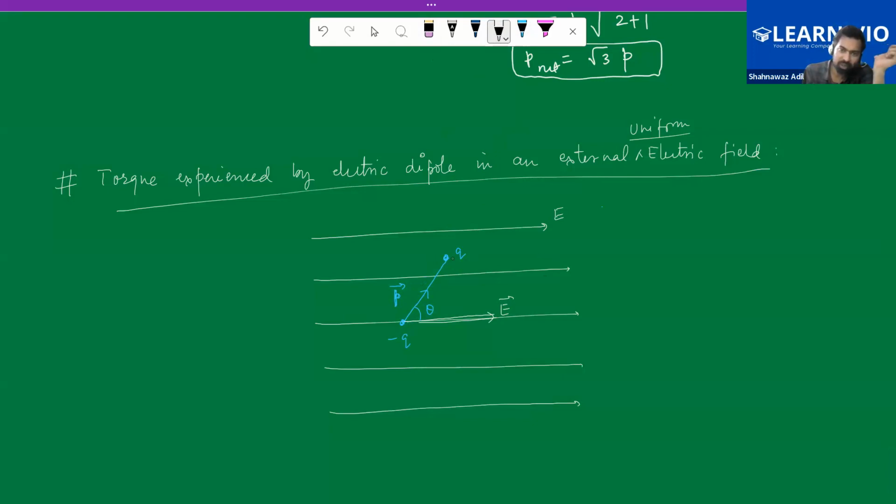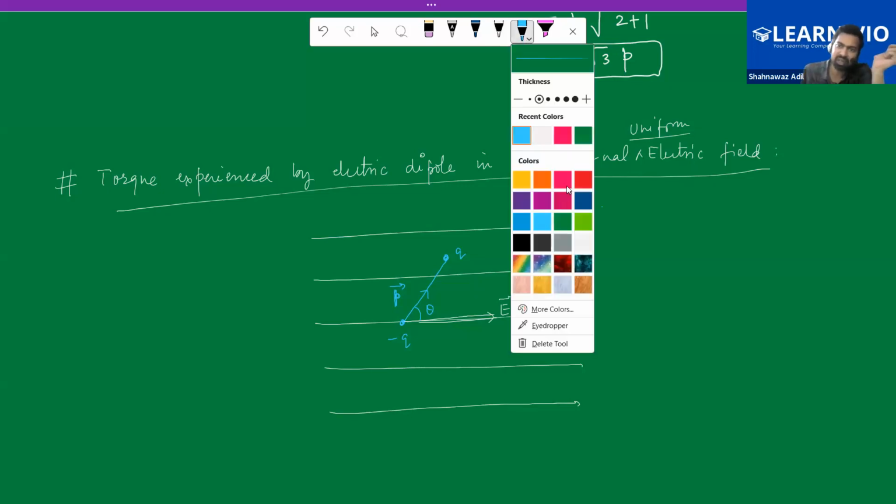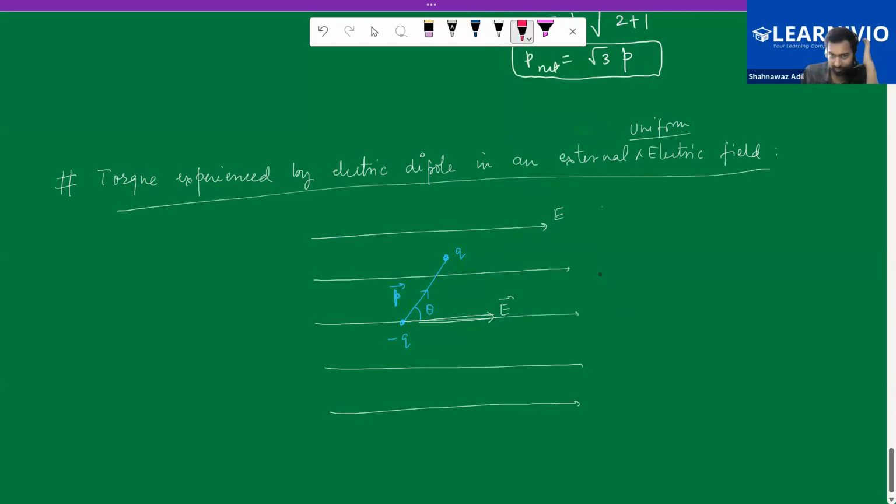This positive charge will experience the force in which direction, left or right? Right, because this is a positive charge. So this is F, which is qE. The other will experience a force in the left direction, which is F, and this is minus qE.